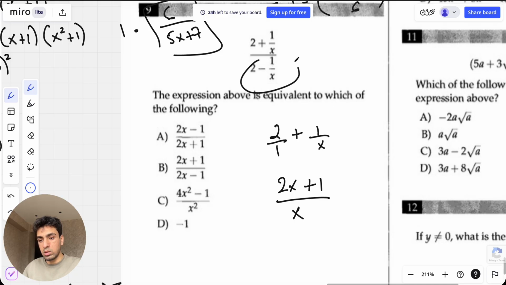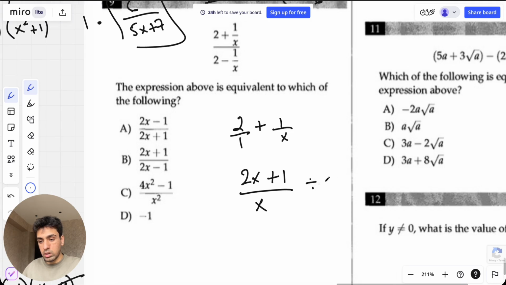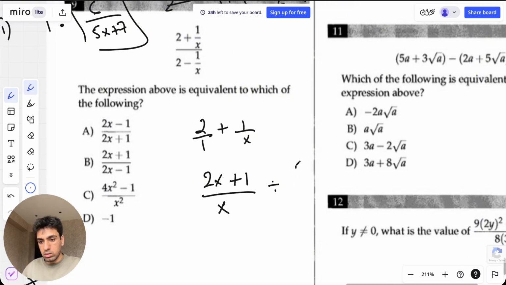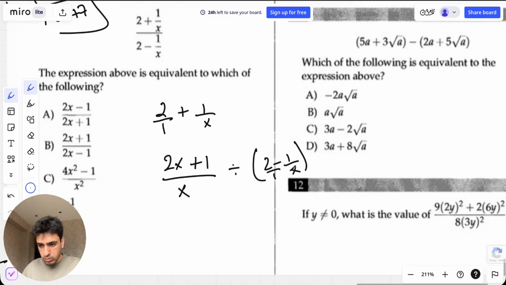We'll do the same with the denominator. So now we have this, so this is divided by the denominator. I'll write this here. 2 minus 1 over x, we do the same thing, divide by 1, cross multiply, we get x times 2 is 2x, 1 times 1 is 1, so minus 1, divided by their product, 1 and x is x, and then we have 2x plus 1 over x divided by this.